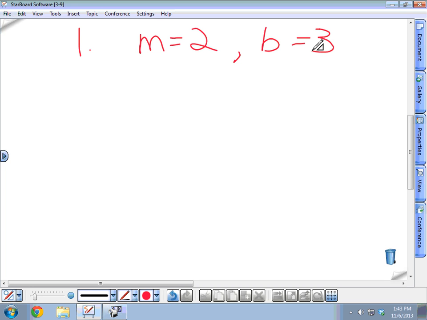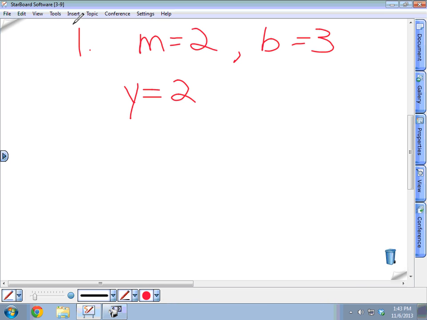If I was using this information to write the equation for the slope-intercept form of a line, what would I write? Raise your hand if you know. Jared, what is it? Y equals 2. Y equals 2 what? 2x. Then what? Y equals 2x plus 3.